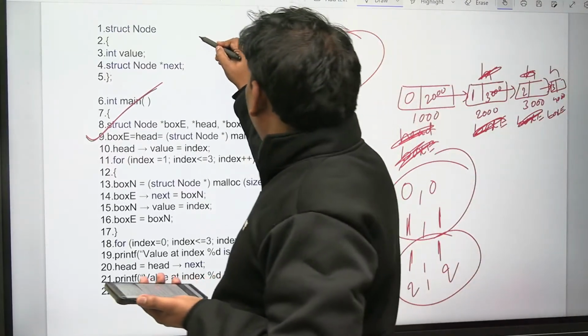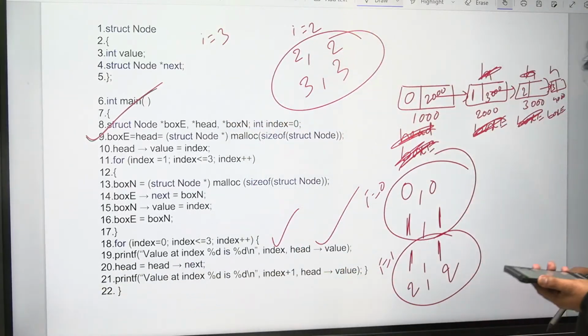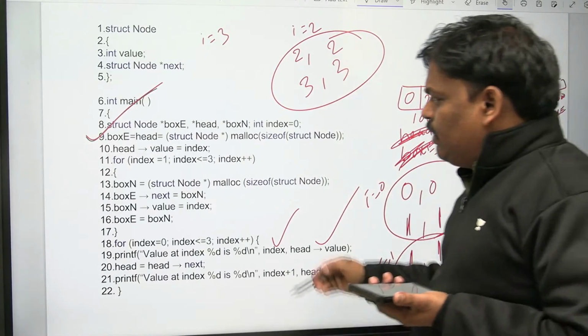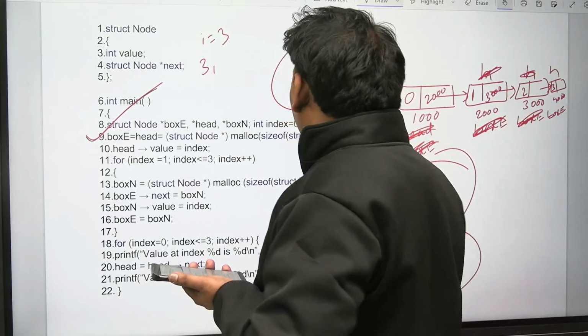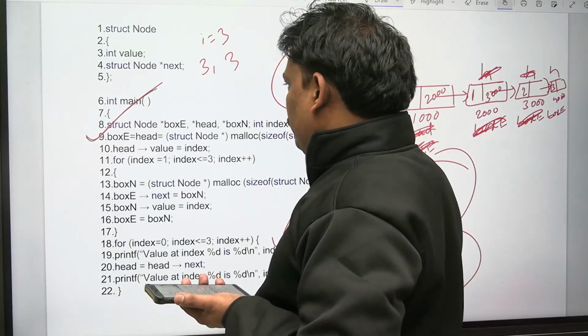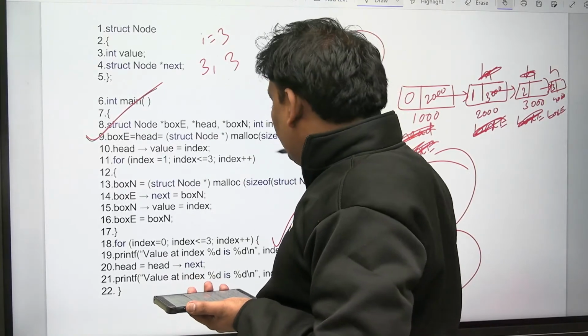Let's be careful. Now when you come back, I value 3. Head is equal to head next. Yeah, it is the current status. Now see, I is equal to 3. 3 printed. Head value 3 also printed. But afterwards, if you observe, head is equal to head next to.